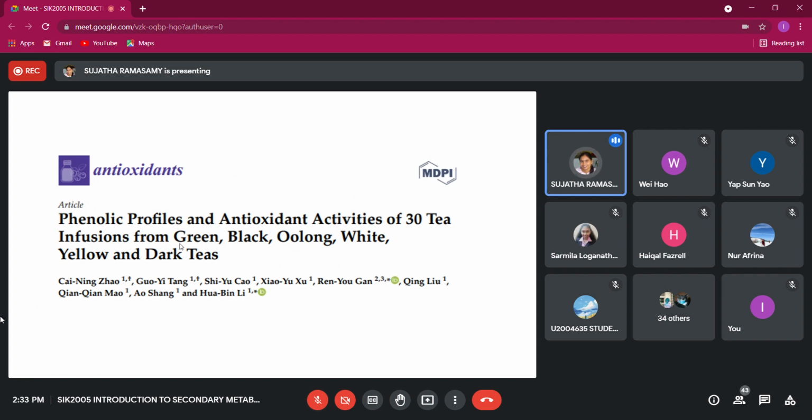So different teas, they want to see what are the different phenolic compound and what are the different antioxidant activity. Definitely this will give you a different activity. And then they will say which tea is the best antioxidant. Mostly widely reported is the green tea. Green tea is a good antioxidant agent. Okay, and this is published in a journal called Antioxidant. Saya tercrop pula daripada universiti mana ni.